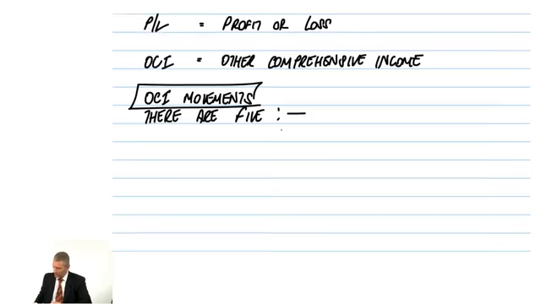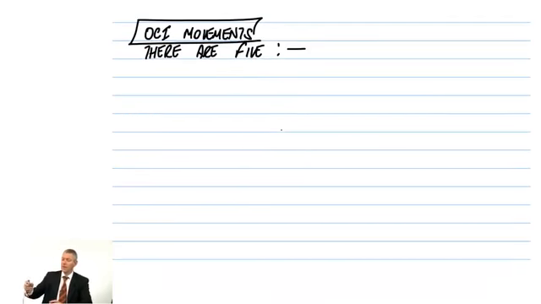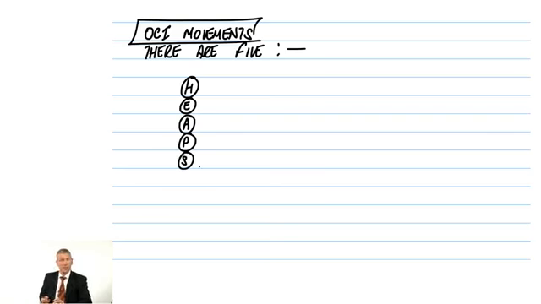Five and only 5 go through the OCI, and they are given the mnemonic HEAPS. The heaps are at the bottom of the SPLOCI, in a big heap.